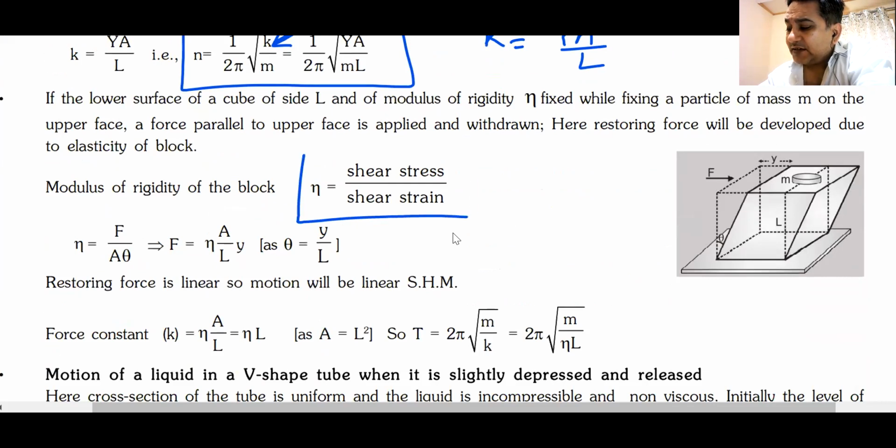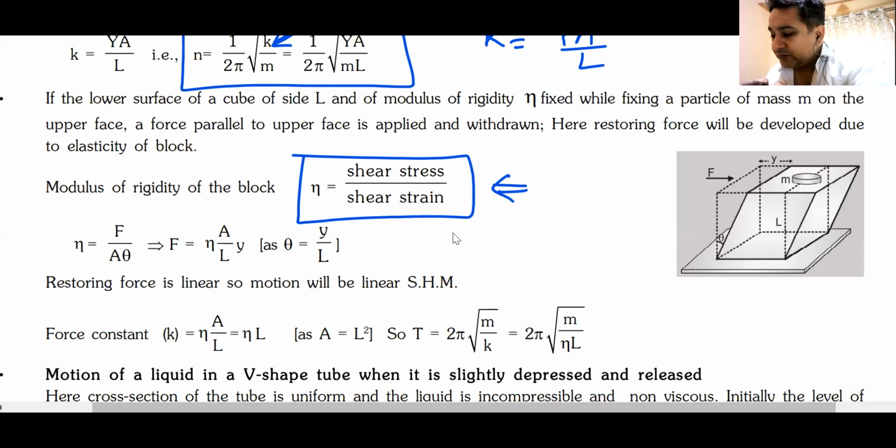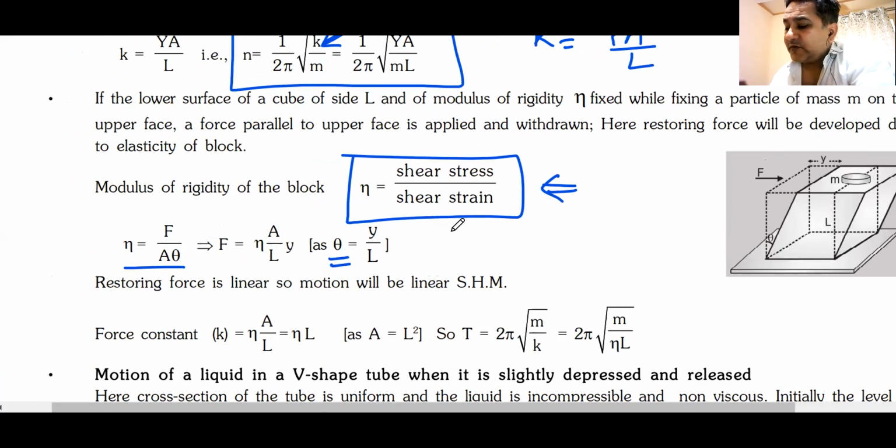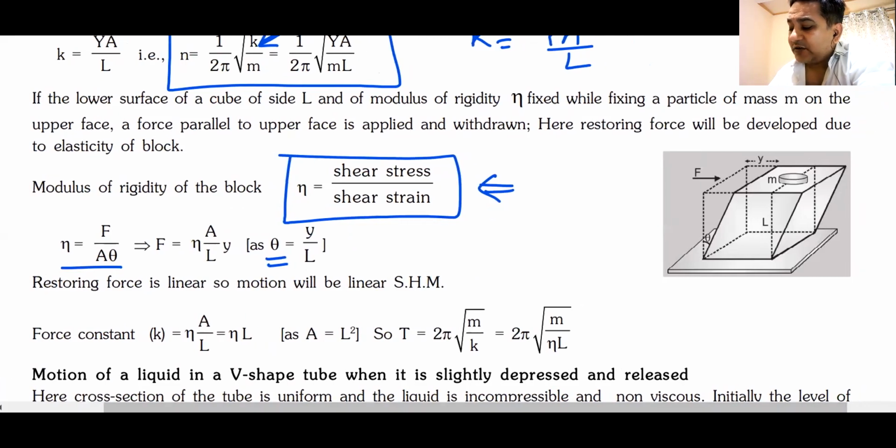Similarly, if you apply shear stress on this wire, so this angle theta, you can find out the value of that shear stress. And then from there, you can find out what will be the angular acceleration. And from there, you can find out the time period again, T equals 2 pi root over m by k.